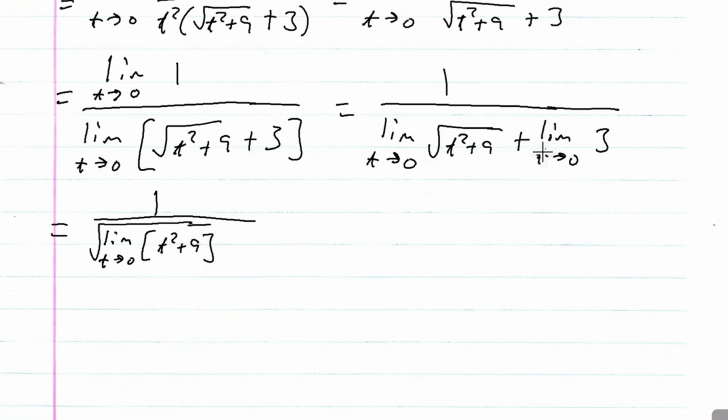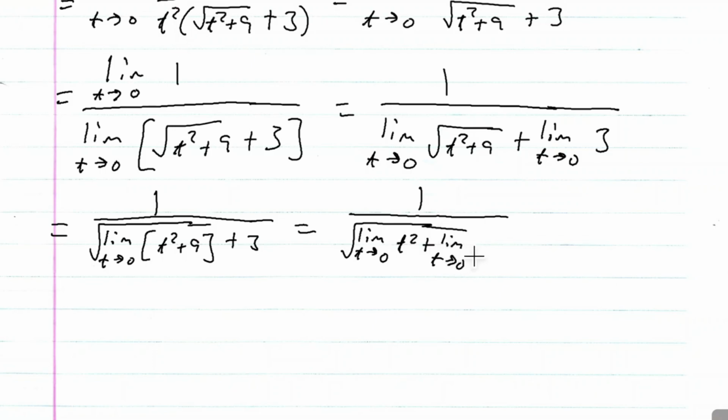And then the limit as t approaches 0 of a constant is just that constant, right? So plus 3. Now, since I have the limit of a sum again, I can do the limit of this piece plus the limit of this piece. So this is equal to 1 over the square root of the limit as t approaches 0 of t squared plus the limit as t approaches 0 of 9. Okay? And then plus 3 outside.